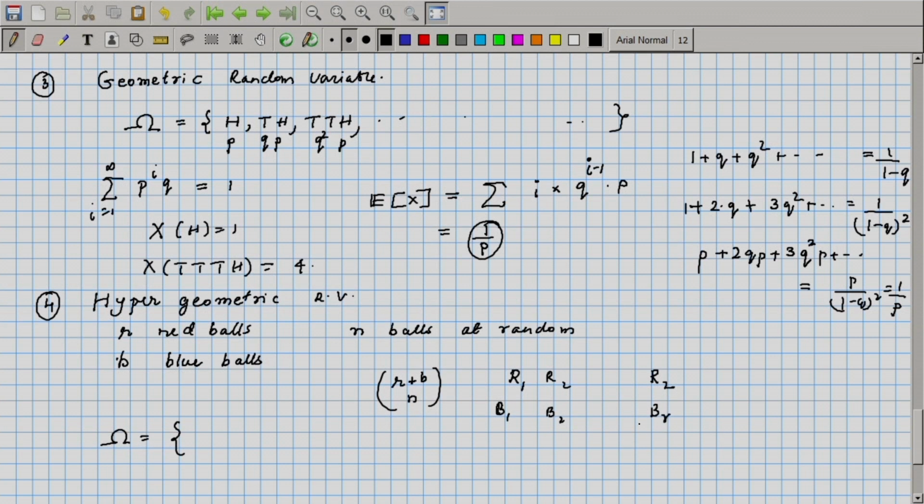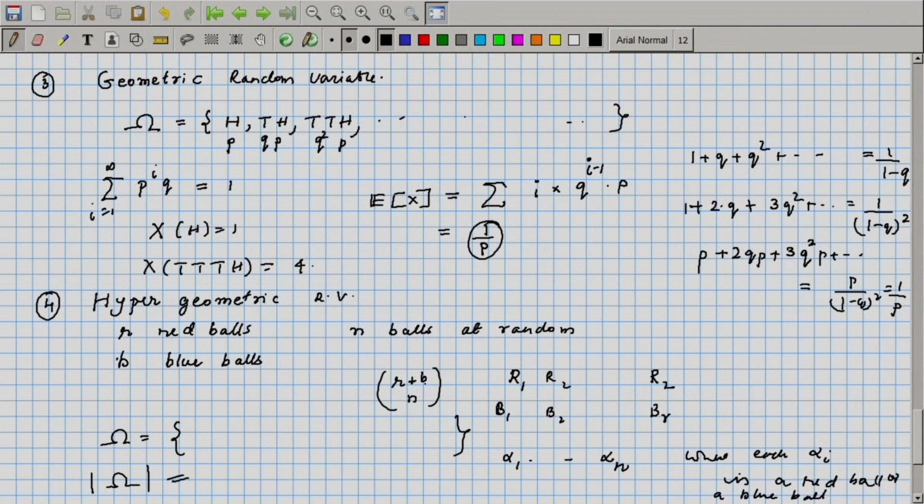Our picks could be a sequence of n balls, alpha 1 to alpha n, where each alpha i is a red ball or a blue ball. Every such choice is going to be included in the set omega, and the size of omega is going to be equal to R plus B choose n.